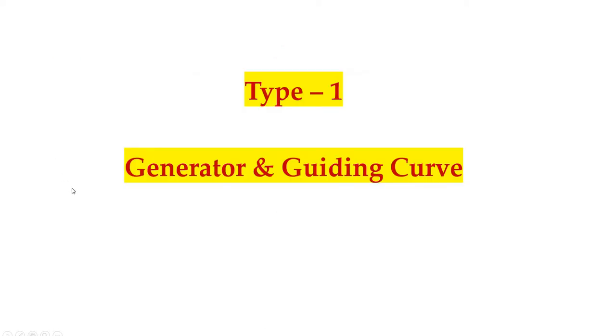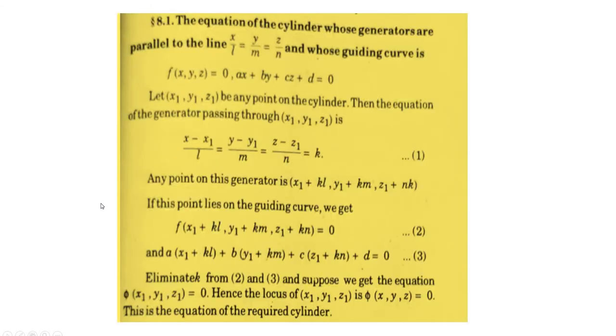Now we will do problems where we are given a generator parallel to a line and a guiding curve, and we need to obtain the equation of the cylinder. For this, first we will see the bookwork, the procedure to find the equation of the cylinder.